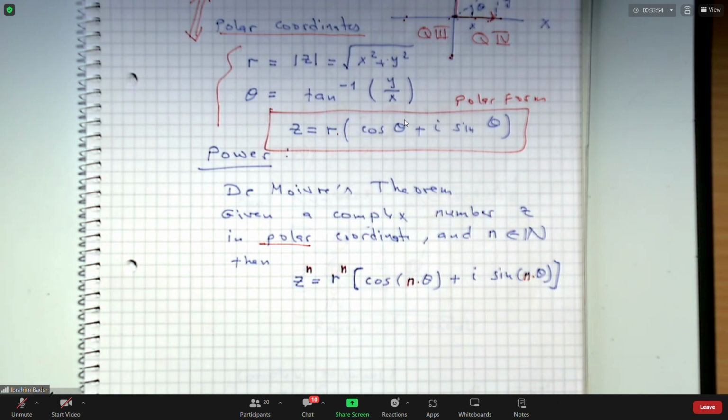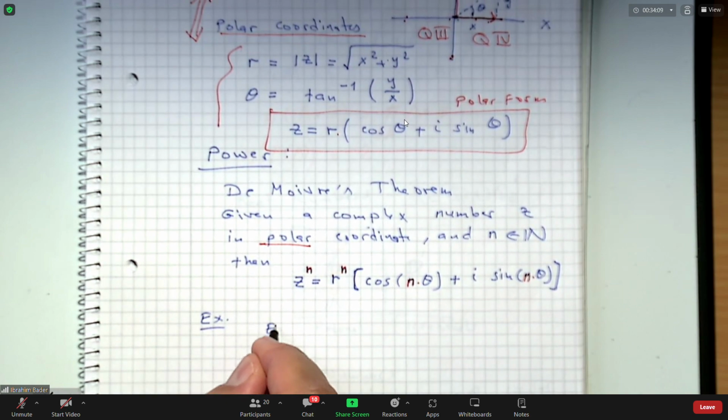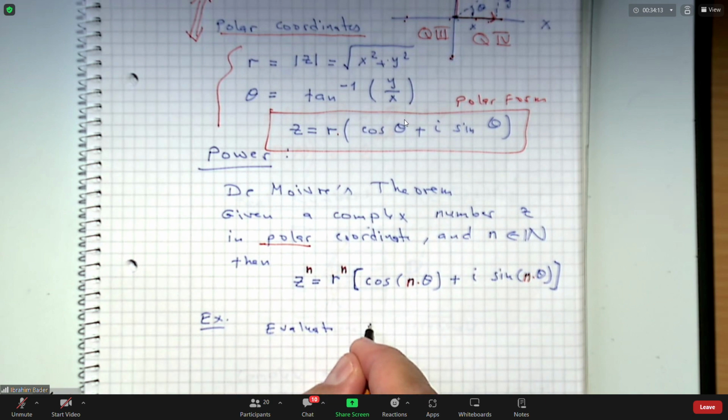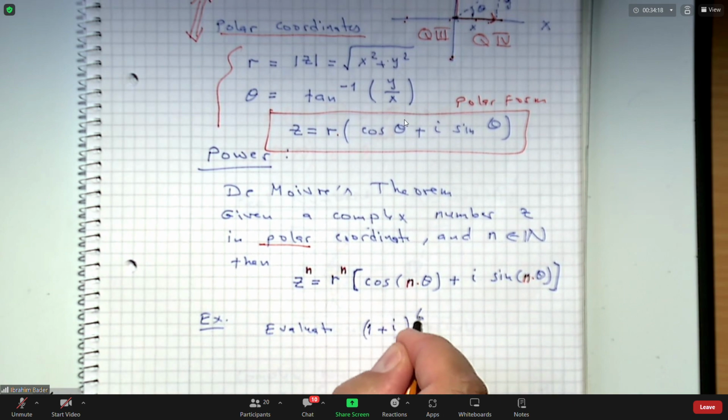Okay, shall we take an example here? Evaluate 1 plus i to the power 6.